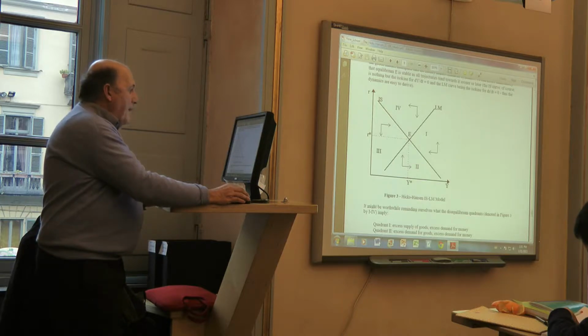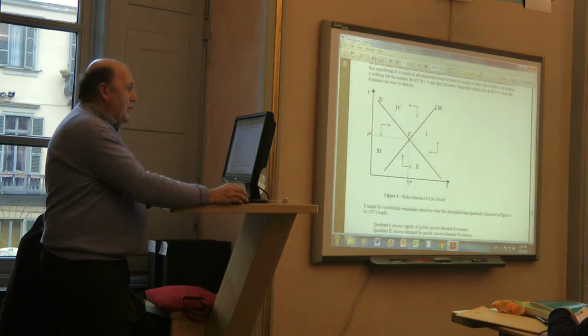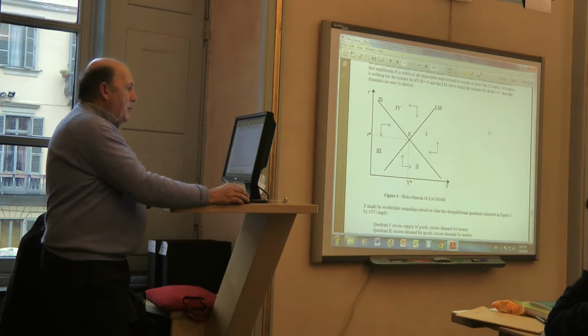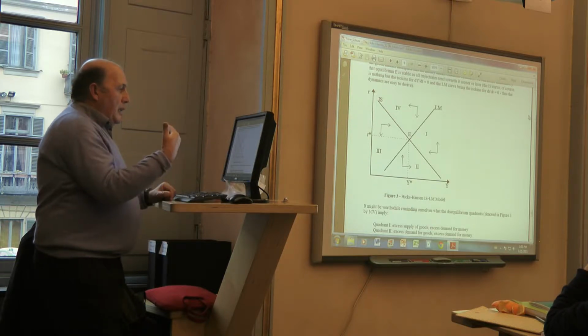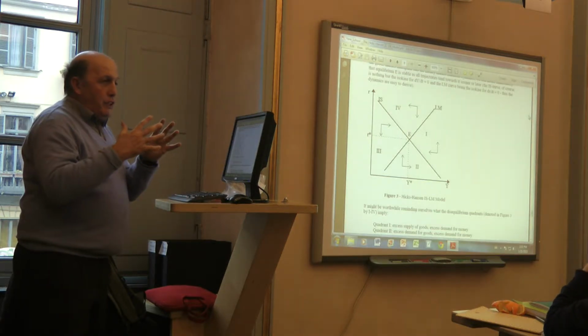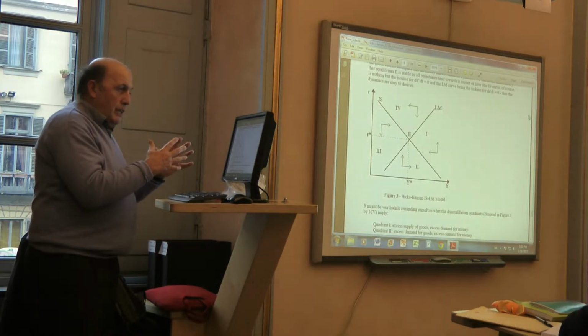The role of the LM curve, which is the liquidity preference and demand for money curve, this is what the LM curve is. There is an equilibrium situation, but the role of the LM curve is precisely to show the range of monetary policies versus the range of fiscal policies.